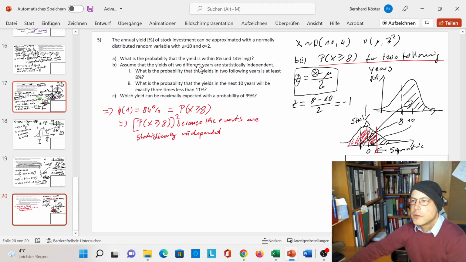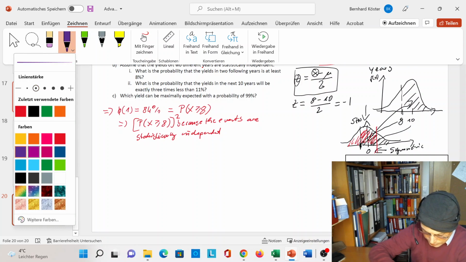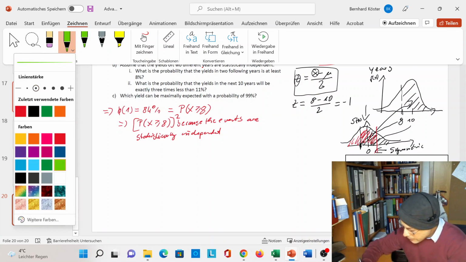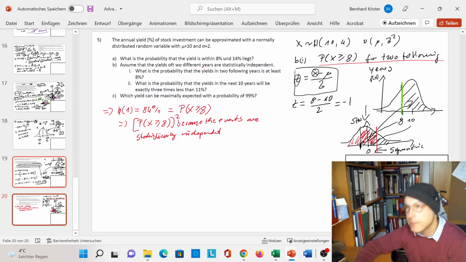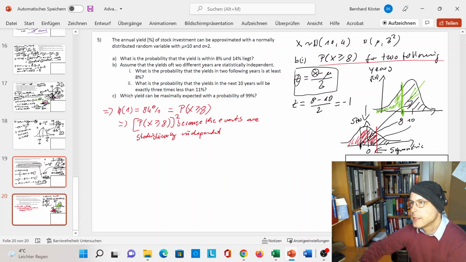If you want to use Excel, you have to practice this. Of course, let's take green here. 8, if we calculate with the statistics software, then this gives us back the cumulated area from minus infinity up to 8%. But we are interested in this area, and therefore you have transformed your 16% in 1 minus 16%.